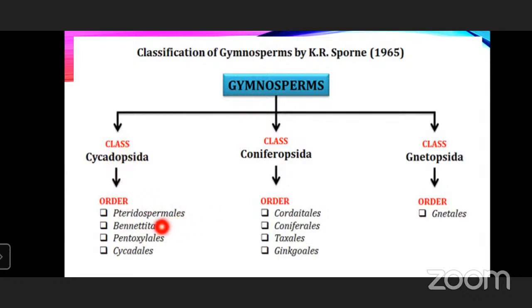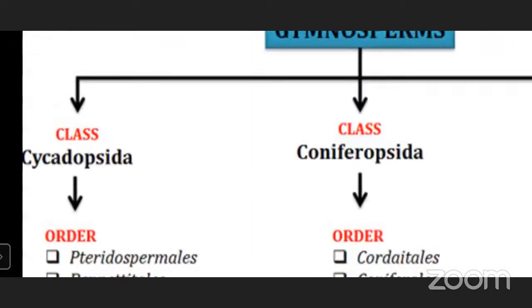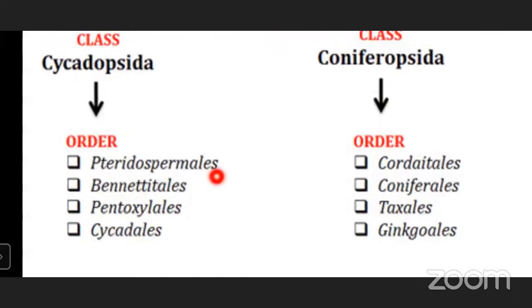It is divided into four orders. They are pteridospermales, bennettitales, pentoxylales, and cycadales. So class Cycadopsida is divided into four orders.